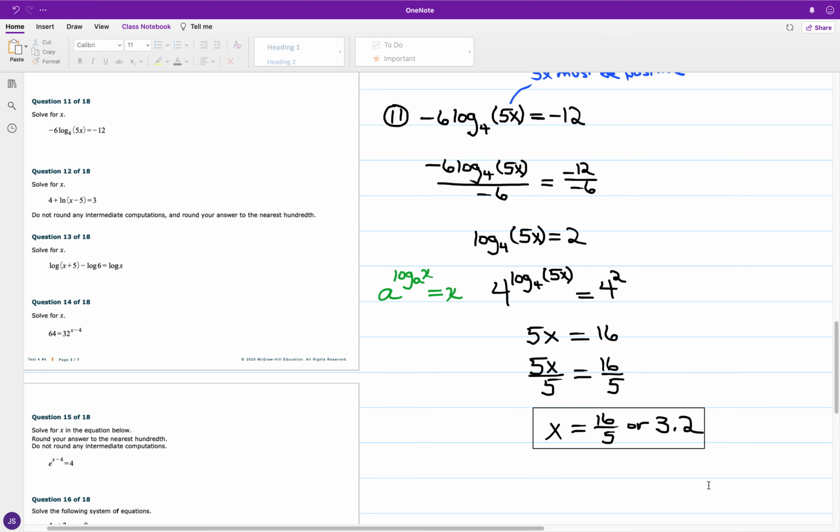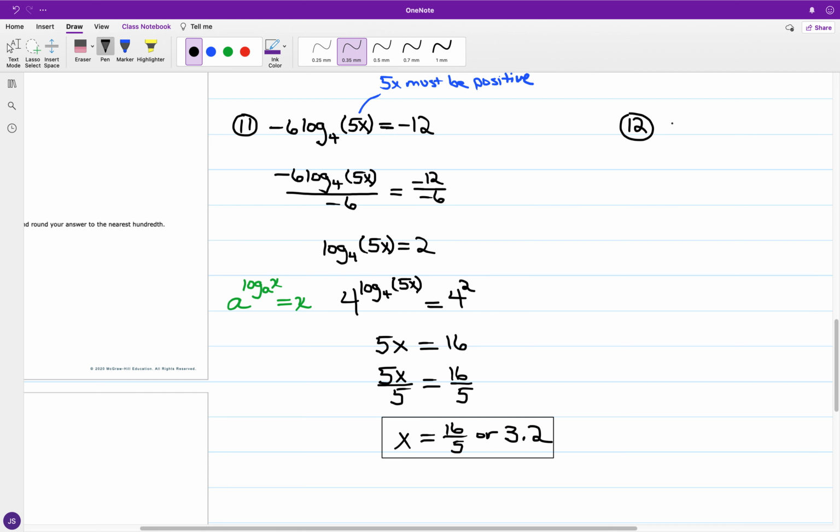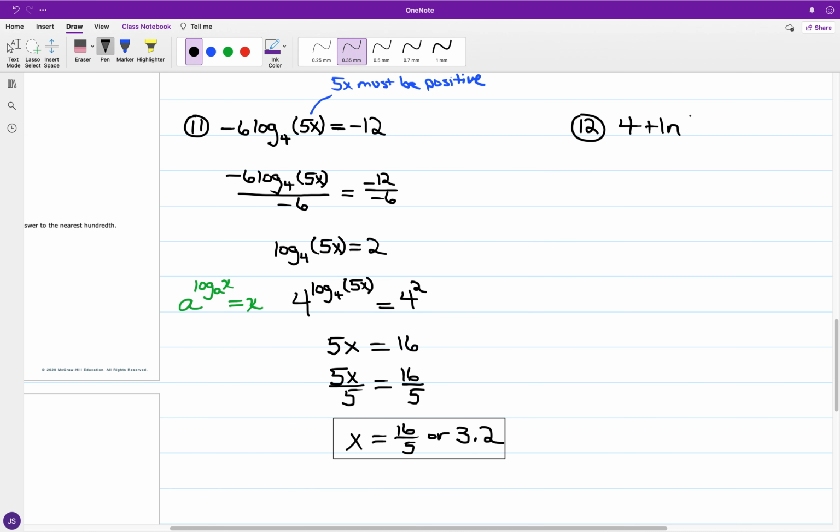Now, in the case of number 12, we are working with a natural logarithmic term. Here we have 4 plus the natural logarithm of the quantity x minus 5 is equal to 3, and it says to round your answer to the nearest hundredth.